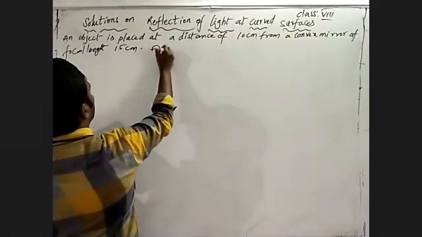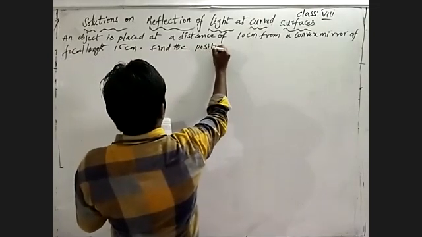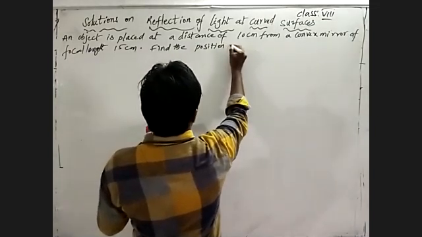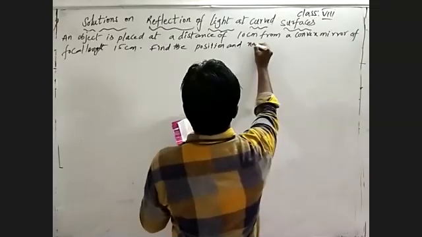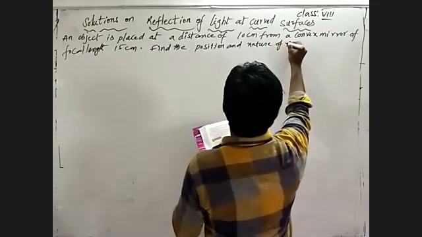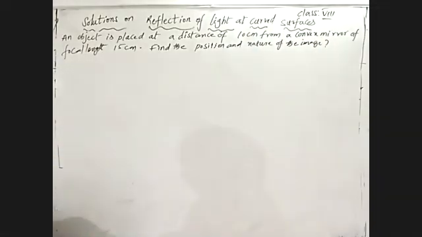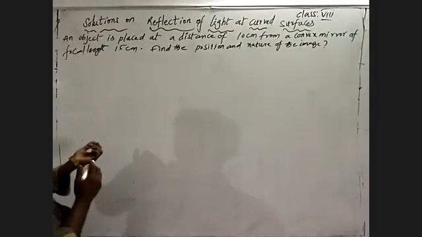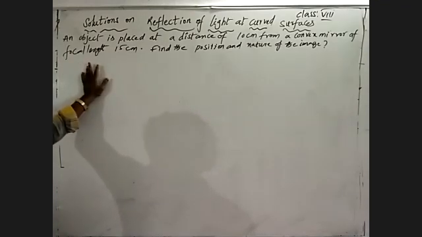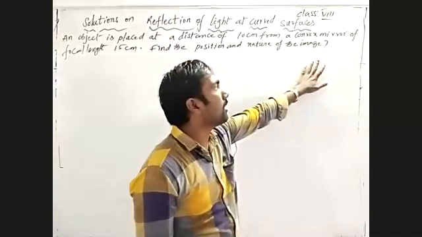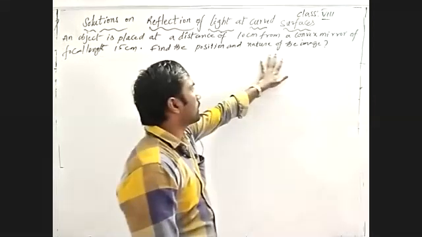Find the position and nature of the image. This is the question to start. What is the question? An object is placed at a distance of 10 centimeter from a convex mirror of focal length 15 centimeter. Find the position and the nature of the image.